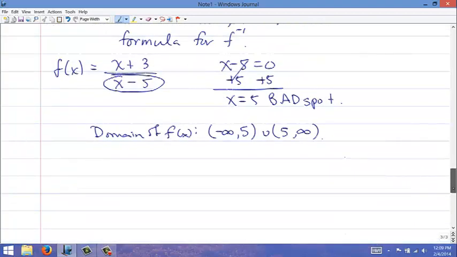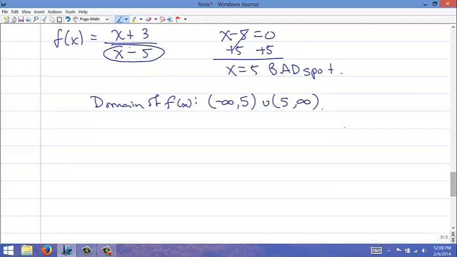Now the range is kind of a weird section to put this, because to find the range of this function the way it stands, we would have to know a little something about horizontal asymptotes and things like that, which the book doesn't cover until later. So what I'm going to do instead is use the fact that if we can find the domain of f inverse, which will look similar to this, that will allow us to find the range of f, and vice versa.